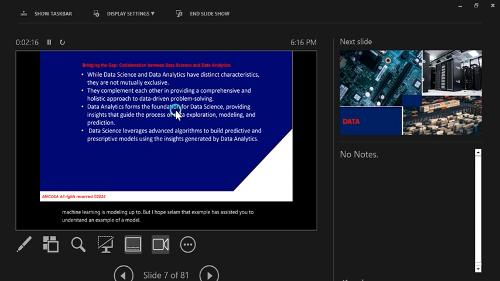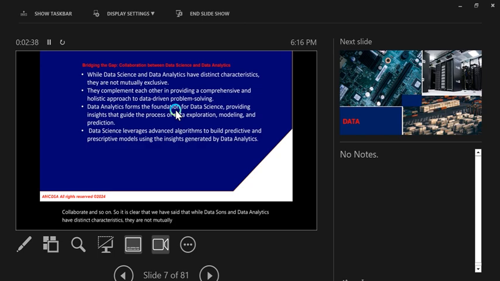So let us look at where data scientists and data analysts collaborate. It is clear that while data science and data analytics have distinct characteristics, they are not mutually exclusive.